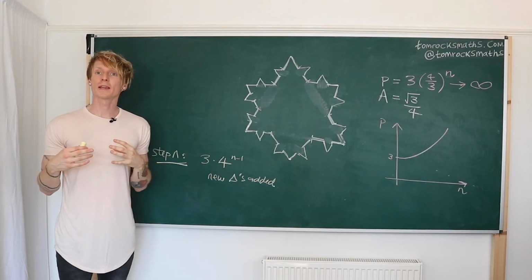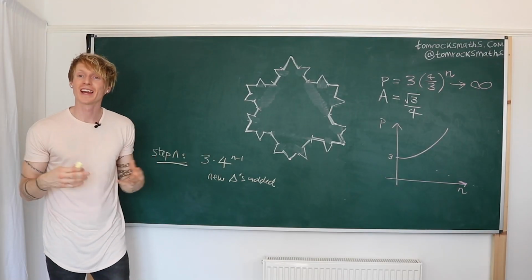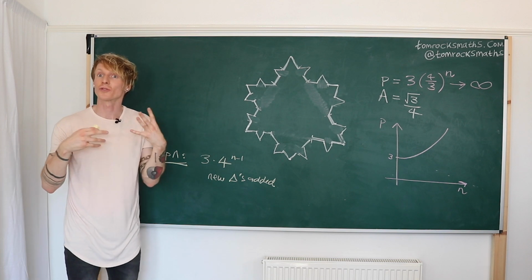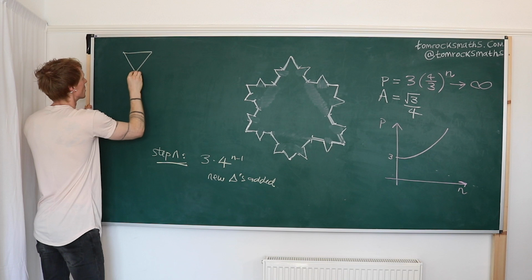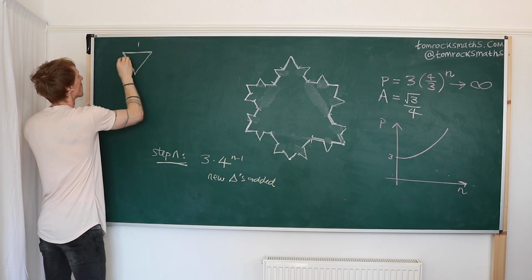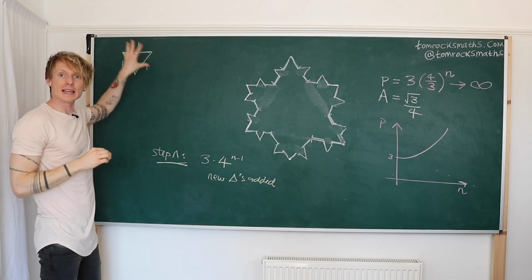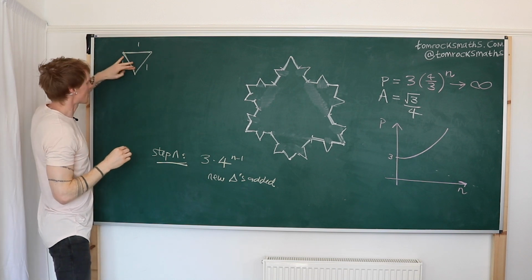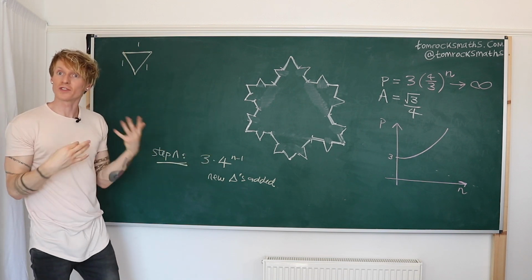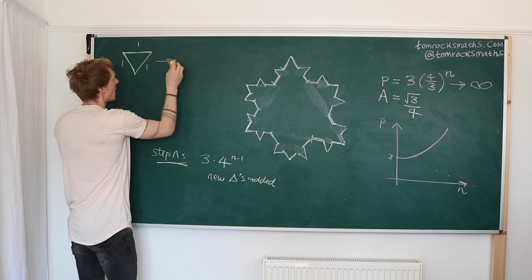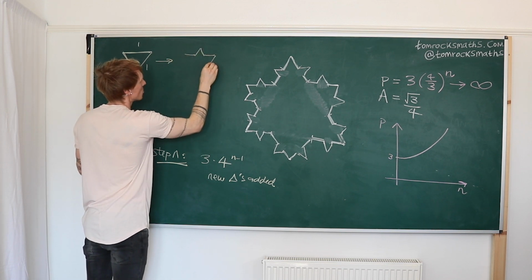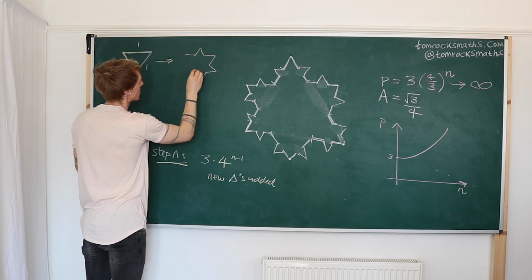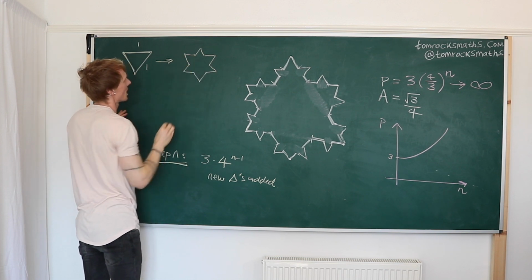So again, we want to think back to our very first iteration and the simple case of the equilateral triangle. So we started with our equilateral triangle of side length 1. And then each of our edges gave rise to a new triangle, as we've just figured out. And these new triangles have side length equal to 1/3 of the original side length.